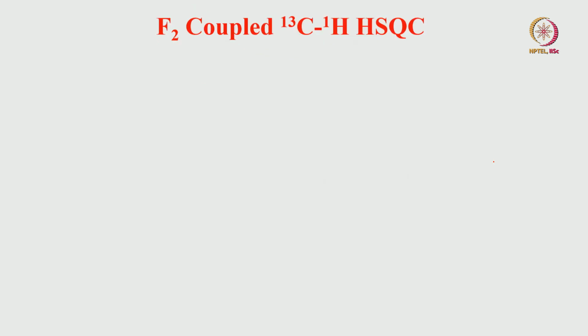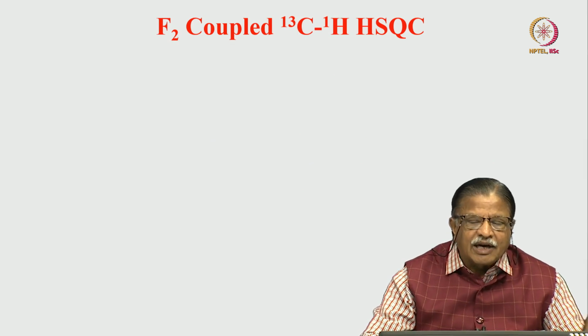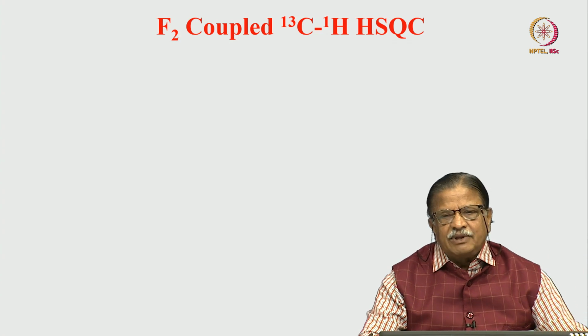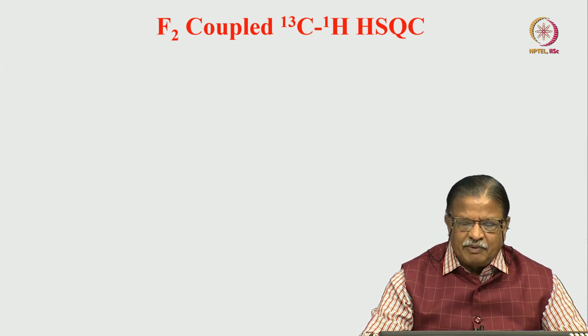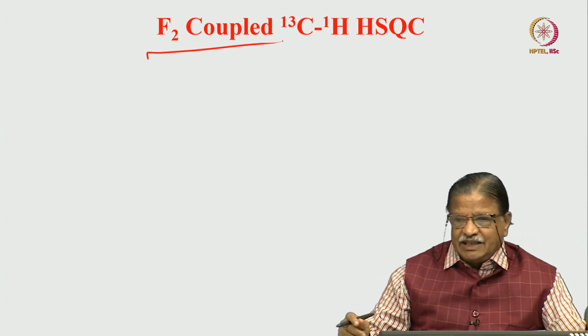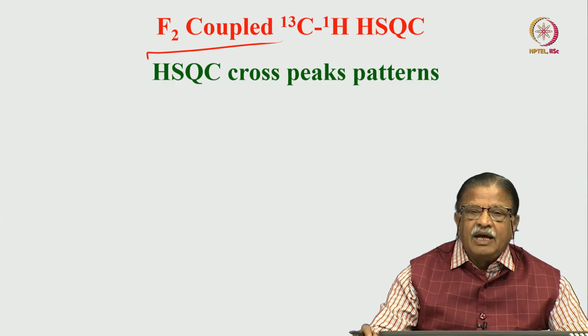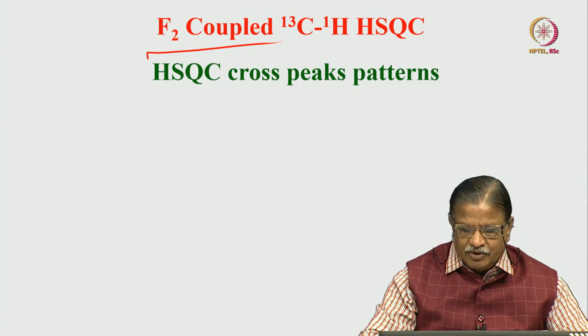Let us take the hypothetical molecule and see how the F2 coupled carbon 13 proton HSQC spectrum is seen. Remember, I am telling you F2 coupled, coupling in the detection dimension. Indirect dimension is the other one. We have seen how HSQC cross peak patterns come.